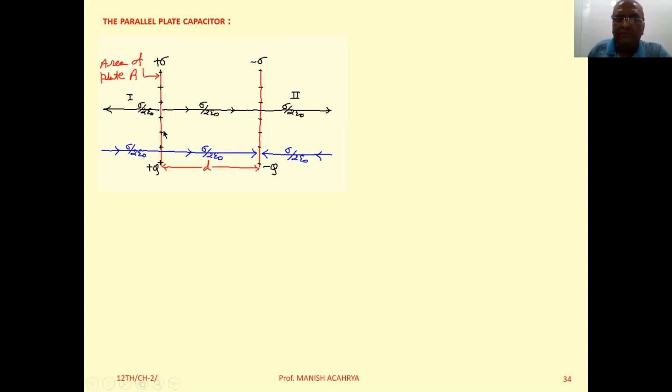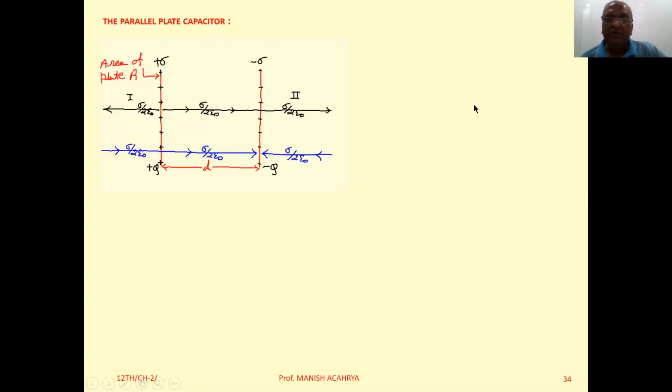Suppose one plate is positively charged and the surface charge density on that particular plate is plus sigma, another plate is negatively charged and its surface charge density is minus sigma, and the charge on the capacitor is Q. It implies that on the positive plate plus Q charge is residing and on the negative plate minus Q charge is residing. Clear?